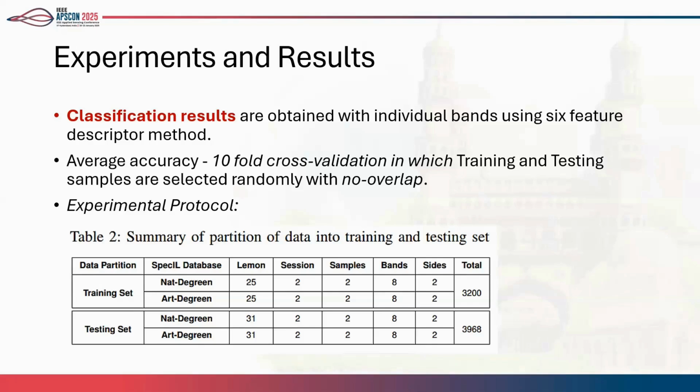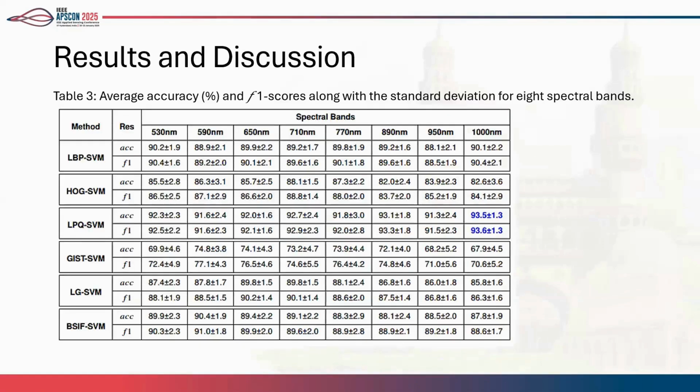The performance metric that we used was accuracy, in 10-fold cross validation, where training and testing sets were selected randomly 10 different times with no overlap between the data sets. For the partition, 25 natural and 25 artificially degreened samples were used in training, and the remaining 31 and 31 in testing. So everything was done in a disjoint manner, with no overlap.